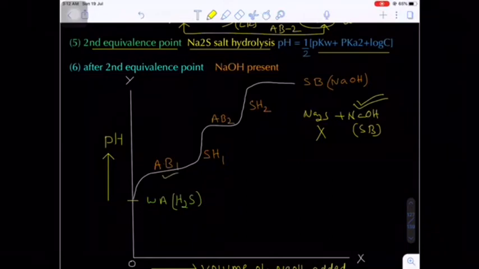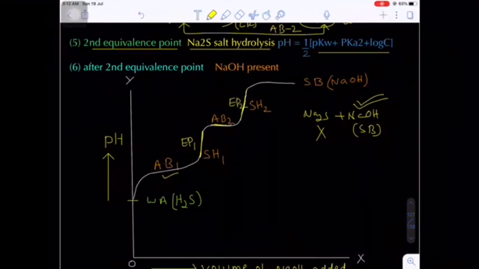Okay. Now in this graph, if you see, the first one we have is the weak acid. As we add the NaOH before the first equivalent point, you will get the first acidic buffer. After reaching the first equivalent point, EP1, the salt will undergo hydrolysis.